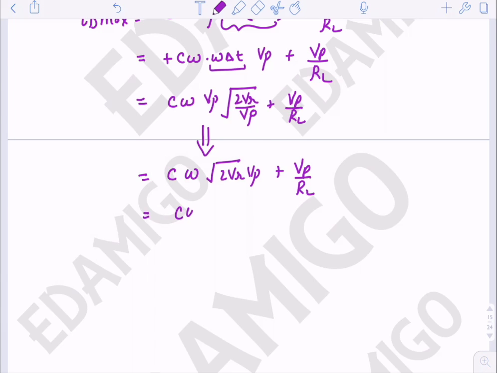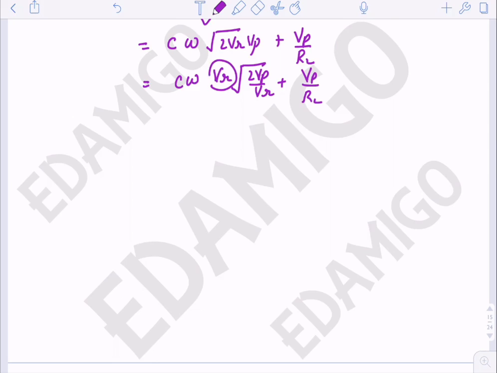So we get C omega Vr under root 2 Vp upon Vr plus Vp upon RL. Now we can write Vr as Vp upon FRC. Okay, Vr can be written as Vp upon FRC under root 2 Vp upon Vr.